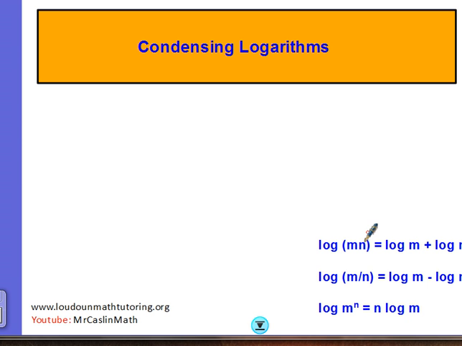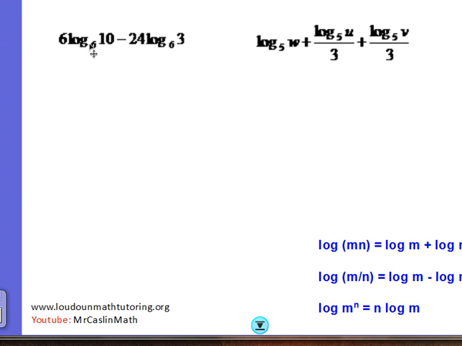Now when you're condensing, let's look at a couple problems. You're taking two or more logarithms and you're condensing it into one. So actually, we're taking the property and going in this direction. See how this looks like the subtraction of two logarithms? So we're actually using this property, we're going in this direction. Two subtractions will become a division.